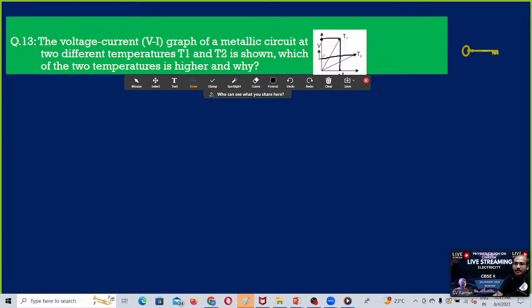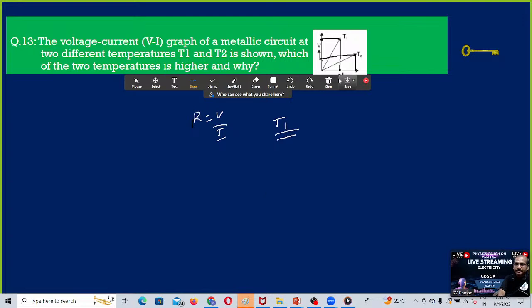This is T2, with less potential difference over here. The I value is more. As you know that R is equal to V by I. So where the potential is very more? For T1 the potential is very more. So once T1 increases, temperature increases, resistance also will increase. Clear?